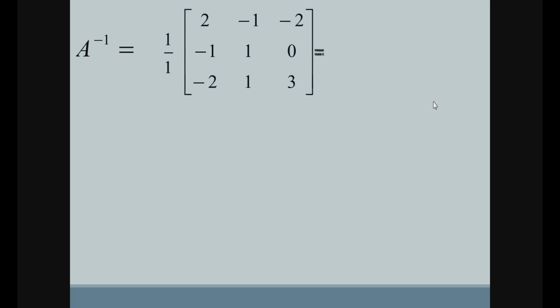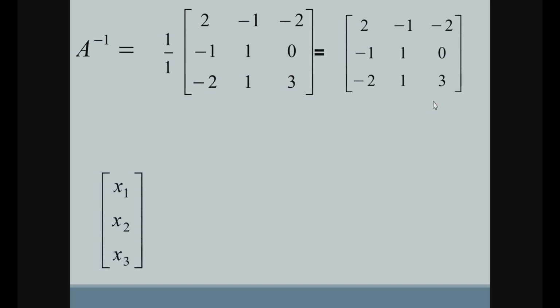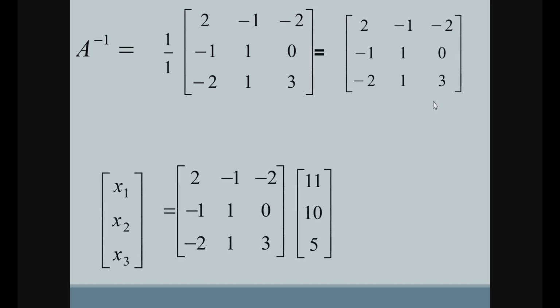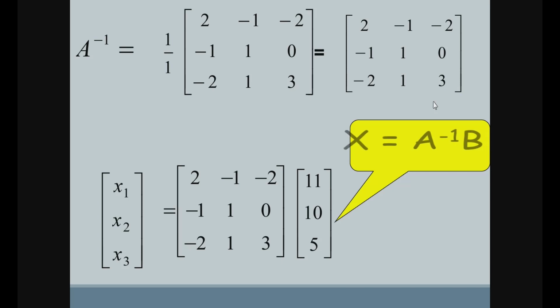So here the inverse is 1 over the determinant of A. How to find the determinant of A? This one, first of all, okay, let me show you.